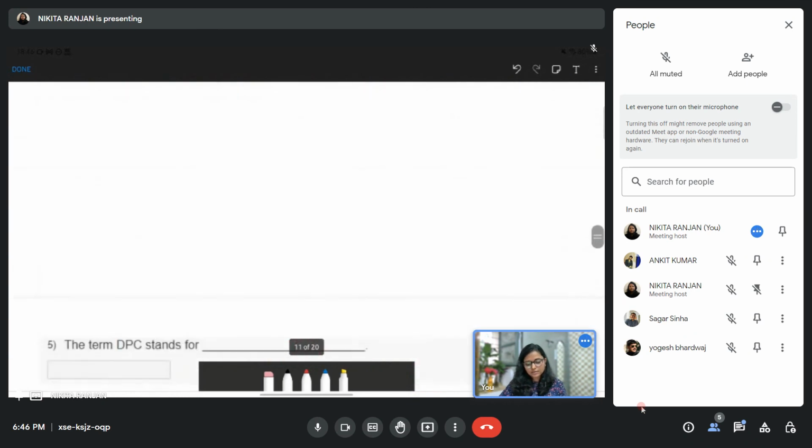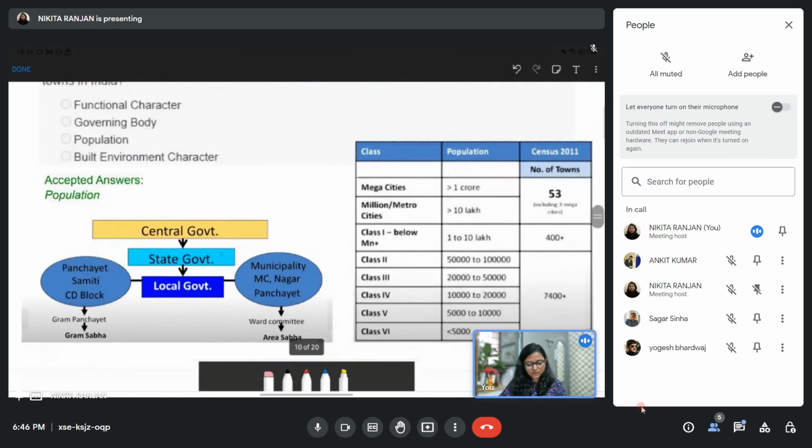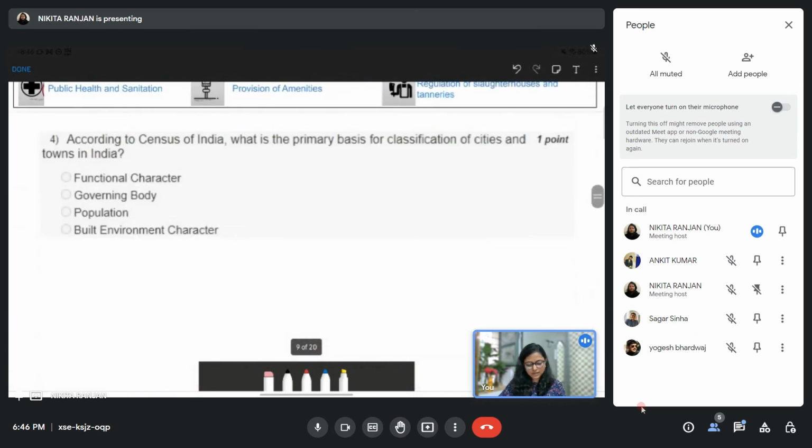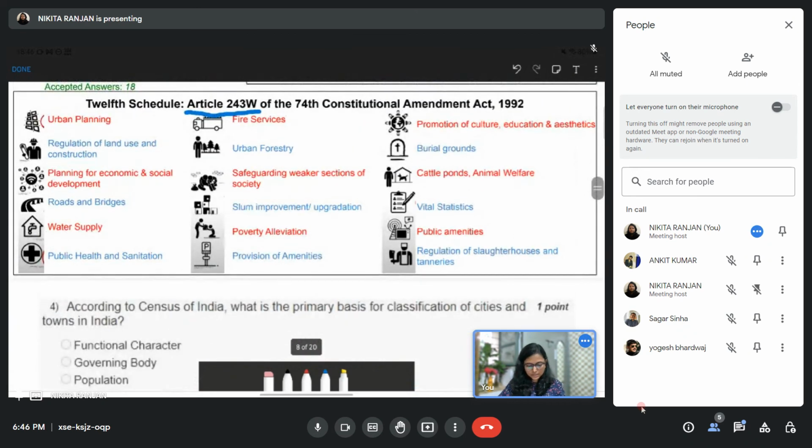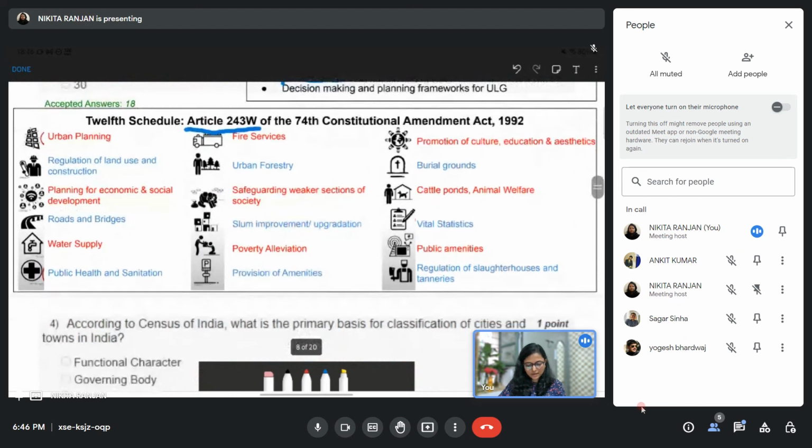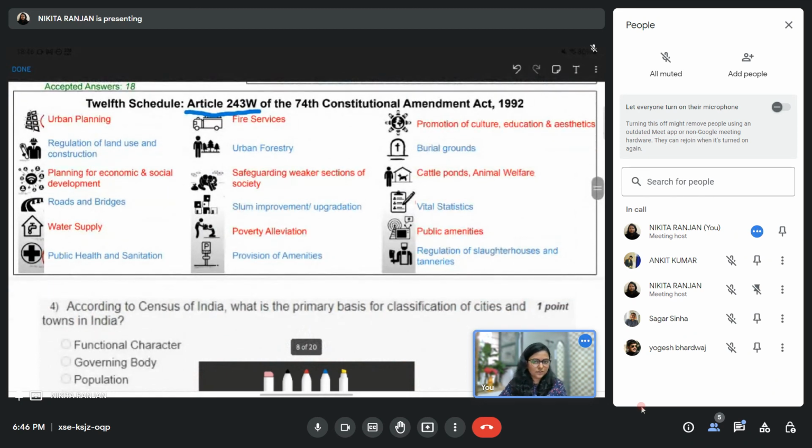So, as with many things, even the 74th Constitutional Amendment Act is not an act which does not have any drawbacks. So there definitely are some drawbacks.